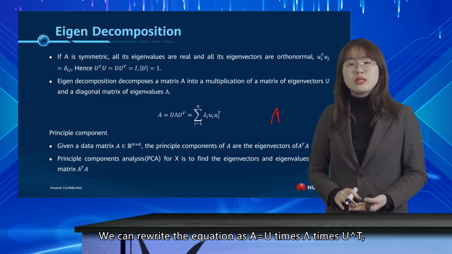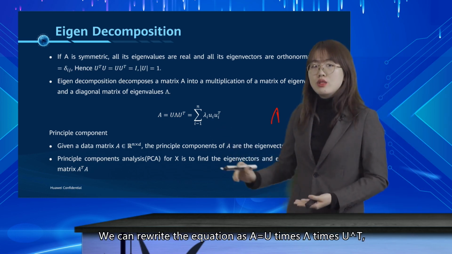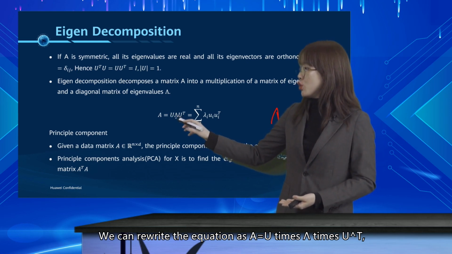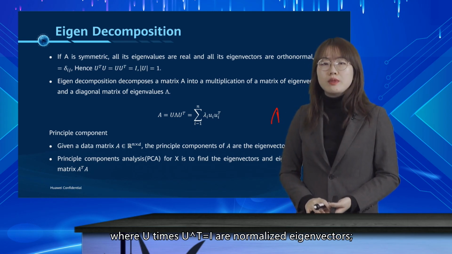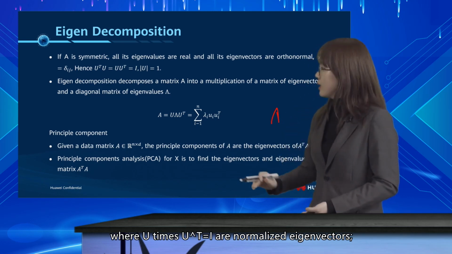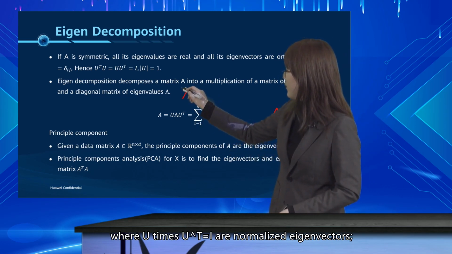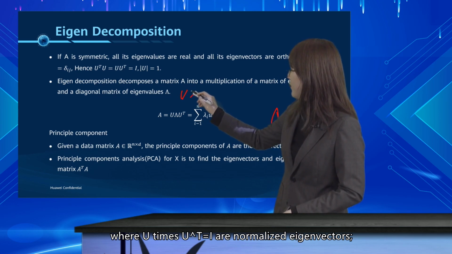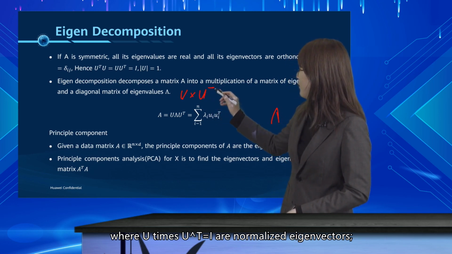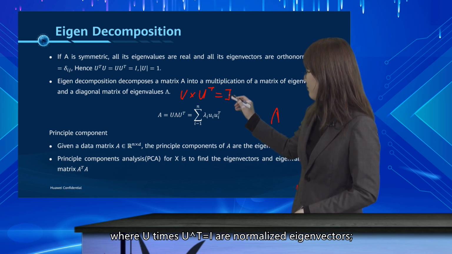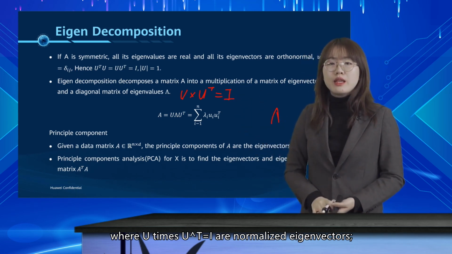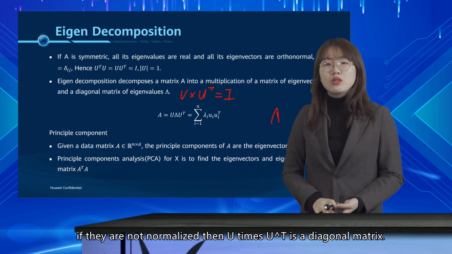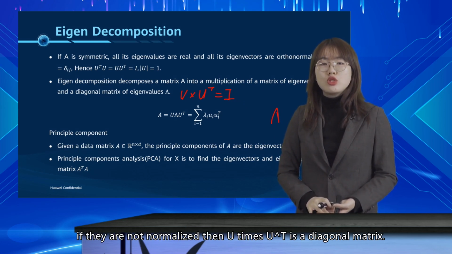We can rewrite the equation as A equals U times sigma times U transpose, where U times U transpose equals I. These are normalized eigenvectors. If they are not normalized, then U times U transpose is a diagonal matrix.